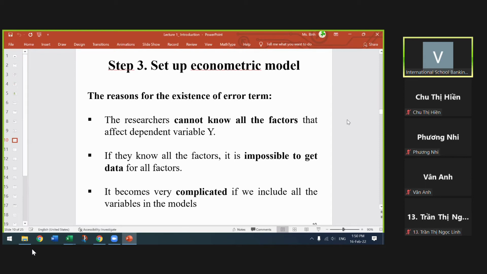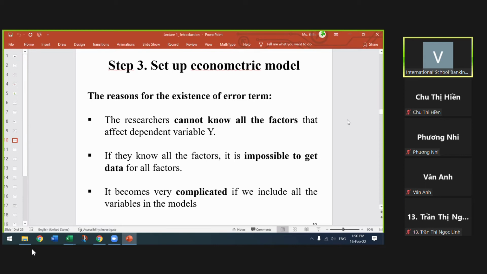Or some factors are intangible or invisible. They exist, but we cannot name them. Or in other words, we cannot know all the factors.